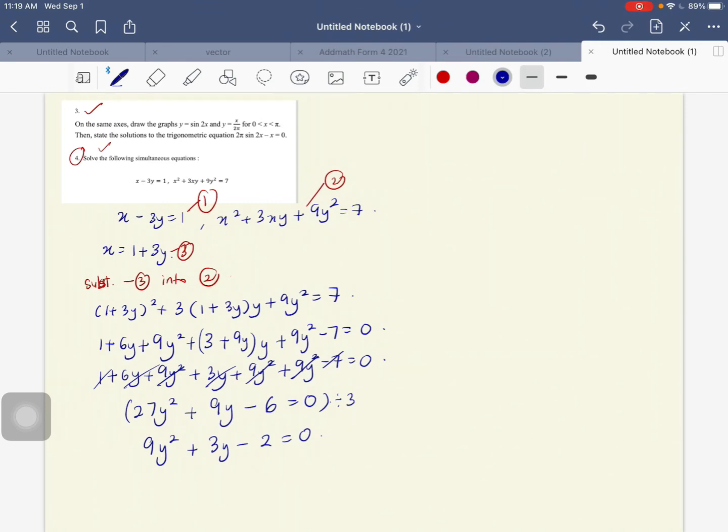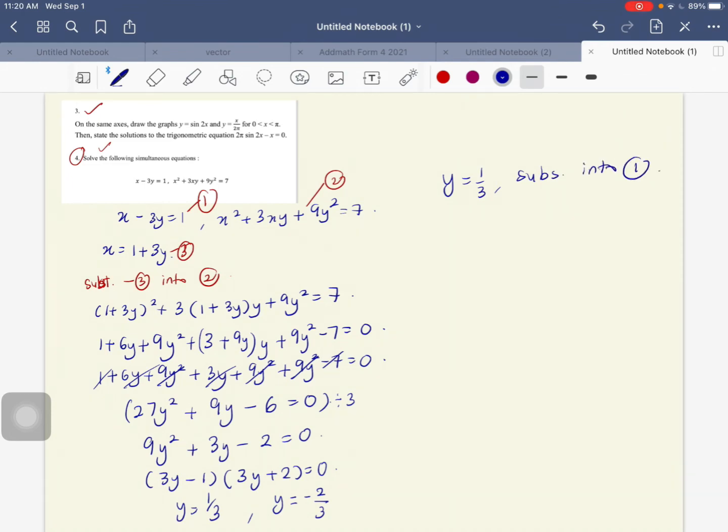If we just use our calculator and then factorize, I got the answer to be 3y minus 1 and 3y plus 2 equals 0. So I have y equals 1 over 3, and another value of y is negative 2 over 3. So I've got two values of y.